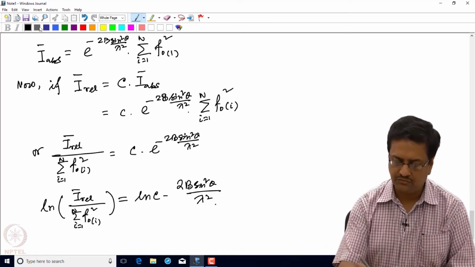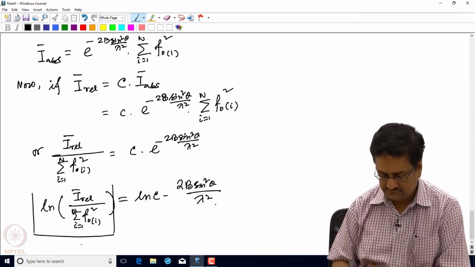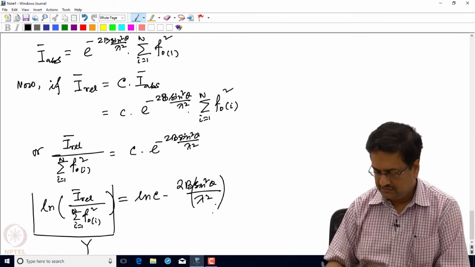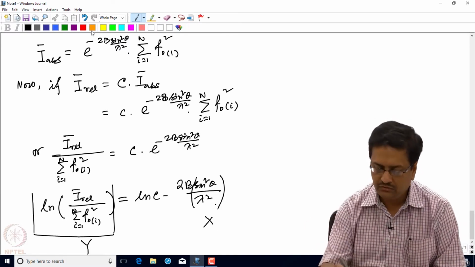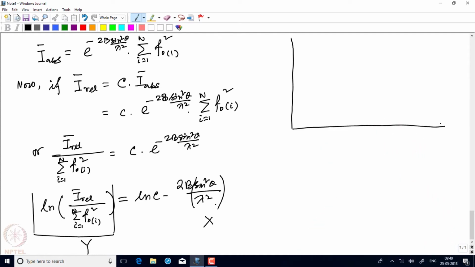So now if we try to plot the left hand side as y and this as x, what do we get? On y axis we are plotting ln I relative by sum over i equal to 1 to n f0i square versus sine square theta by lambda square like this.